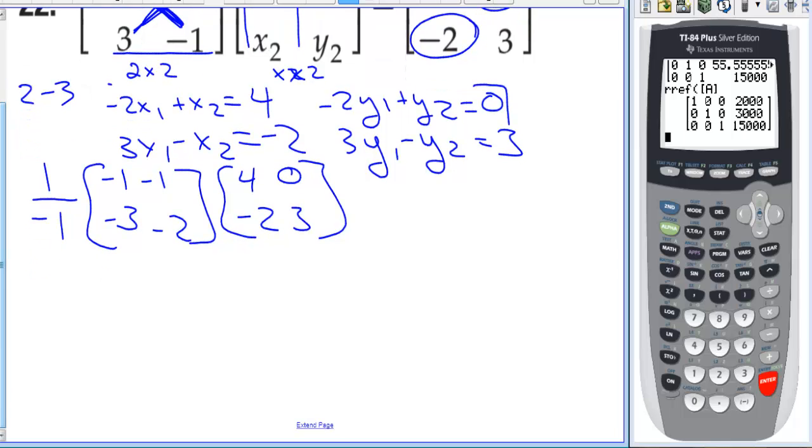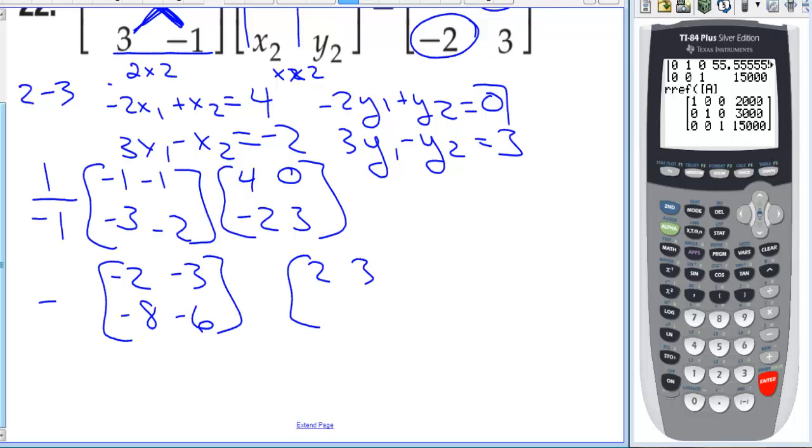Well, this isn't really a fraction, but negative. Let's go with negative 4 plus 2 is negative 2. 0 minus 3, that's negative 3. Negative 12 plus 4, that's negative 8. And finally, 0 plus negative 6, that's negative 6. So we get 2, 3, 8, 6.